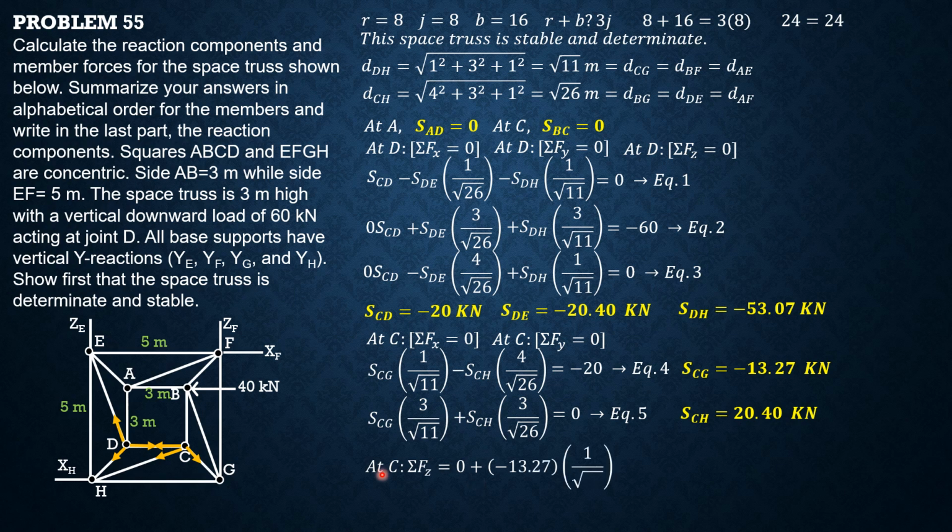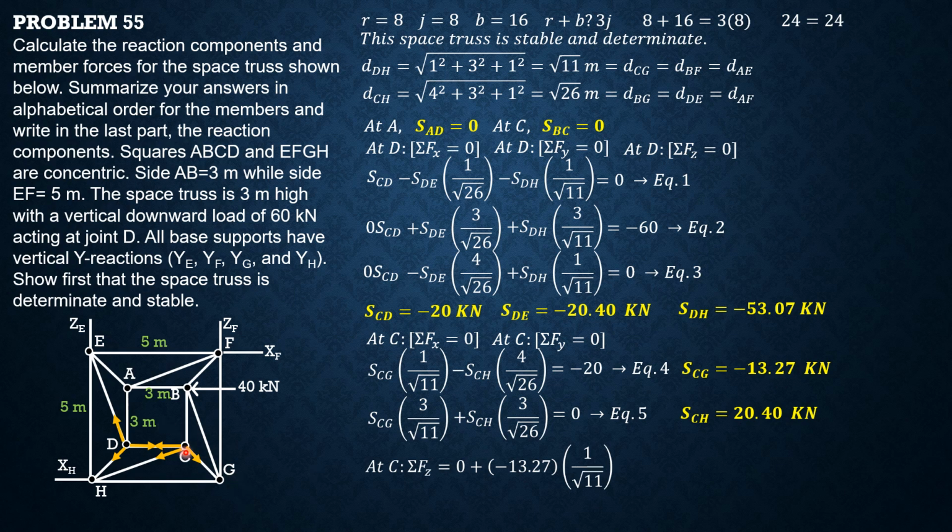At C, let's check summation forces Z if it is 0. So SCG, BC is 0, so SCG is negative 13.26 in the positive direction.